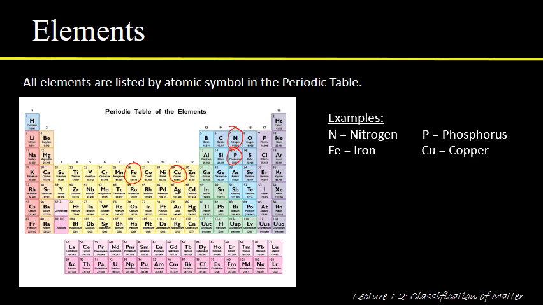Some of these make sense, like N for nitrogen and P for phosphorus. Some of them seem a little bit odd, like the Fe for iron and Cu for copper. For most of these in which the letters in the symbol don't seem to match the names, usually that's because the letters are based on an old Latin name for that element.